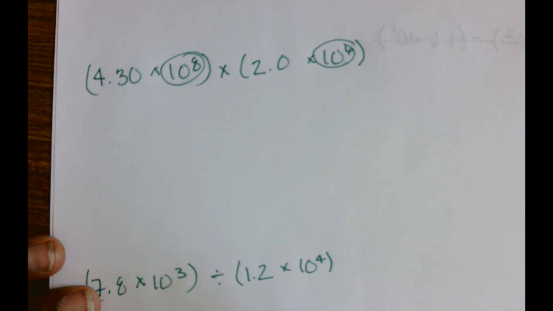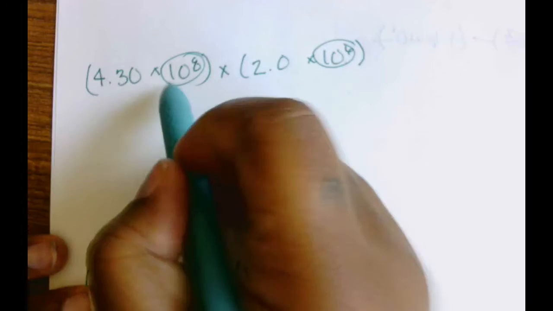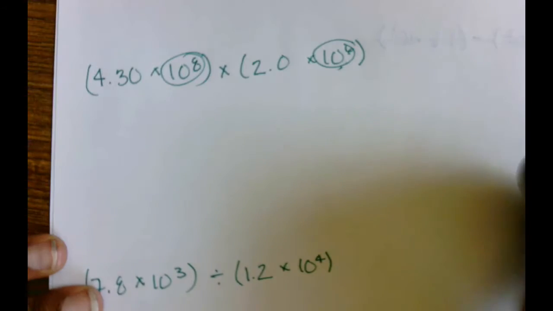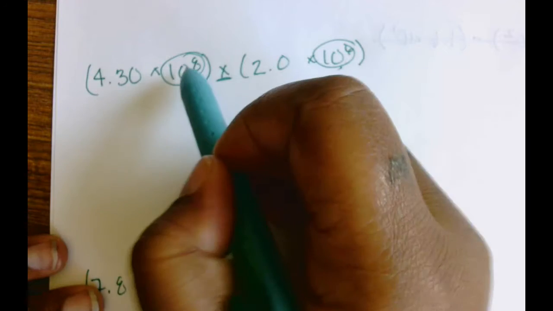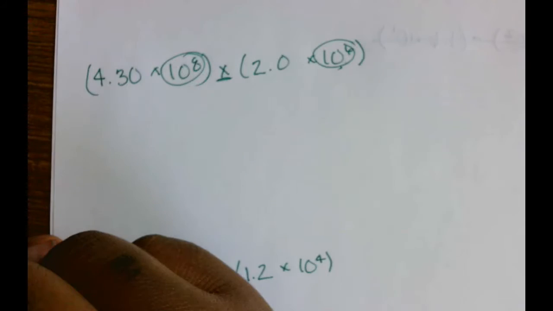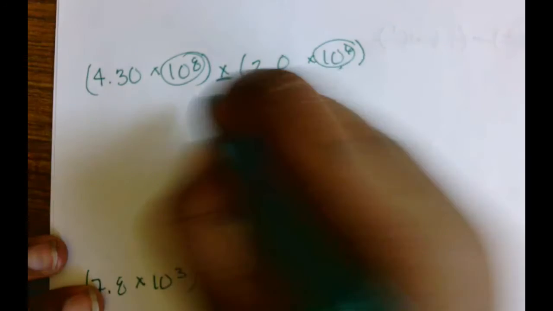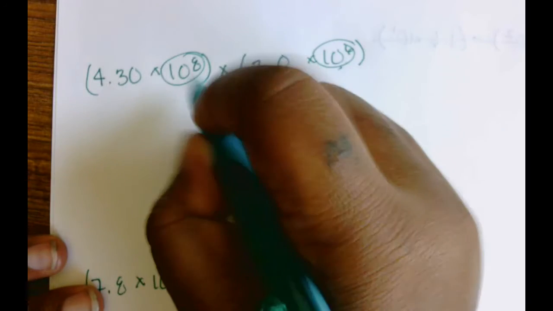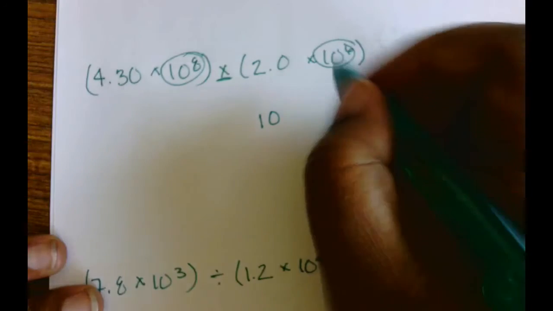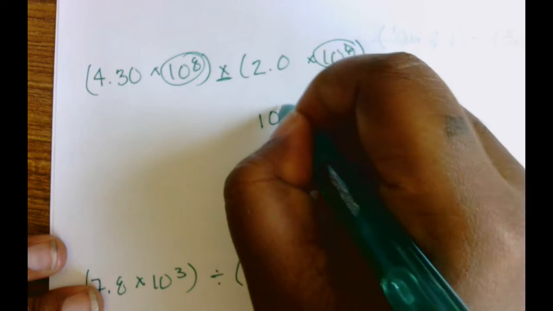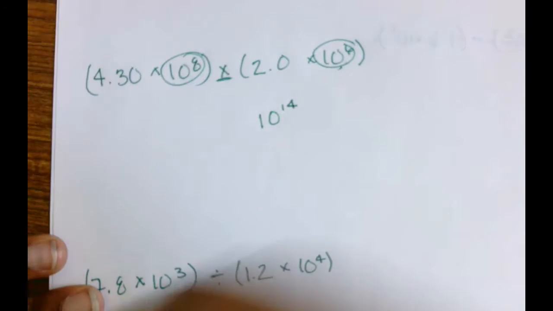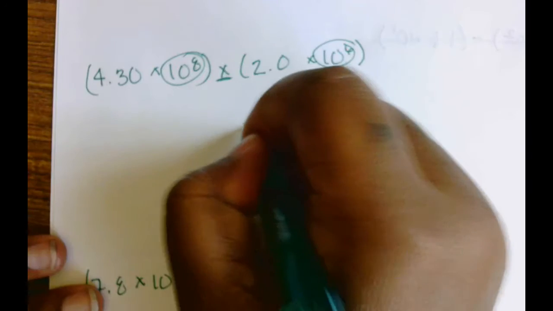And I already know from the first law of exponents that if the base is the same, the only thing that I have to do if I'm multiplying is add the exponents and keep the base the same. So I know that what I'm going to end up with is 10 to the 8 plus 6 power, or 10 to the 14th power. And I'm going to leave that there.